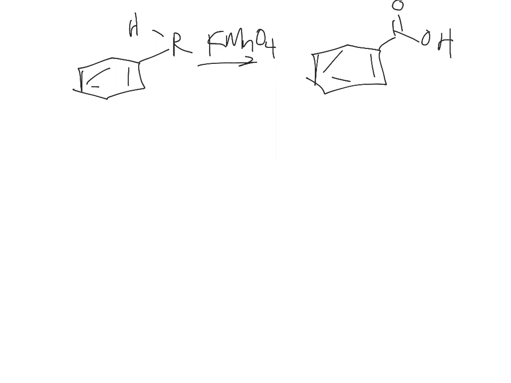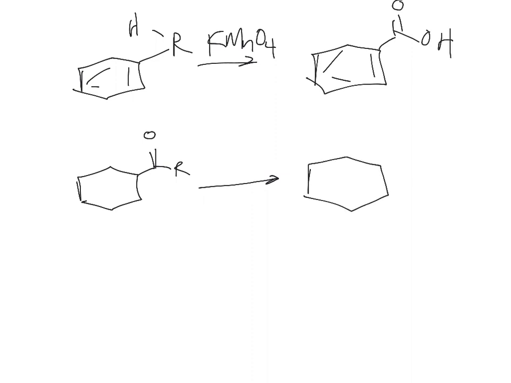We can also take aryl ketones to alkyl benzenes. You'll recall that if you do Friedel-Crafts alkylation, sometimes you can end up with rearrangements. However, if we do Friedel-Crafts acylation and then reduce our product, you can reduce it to an alkyl group. You have the alkyl group right where you want it. So here's our reduction.